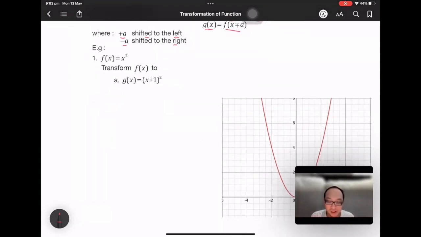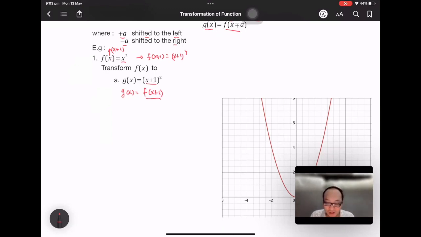The original function is f(x) equals x squared. I can rewrite g(x) as f(x plus 1). Since f(x) is x squared, if I replace x with x plus 1, it will become f(x plus 1) equals (x plus 1) squared.